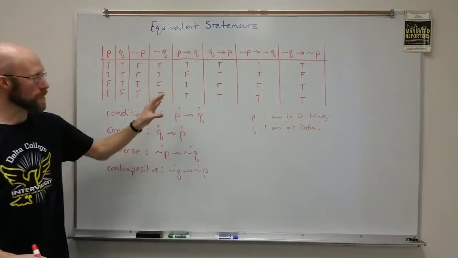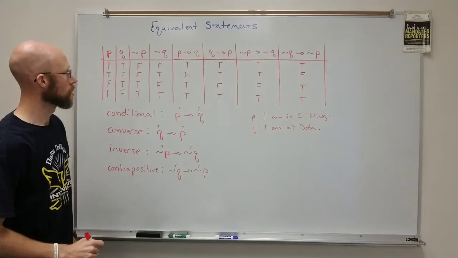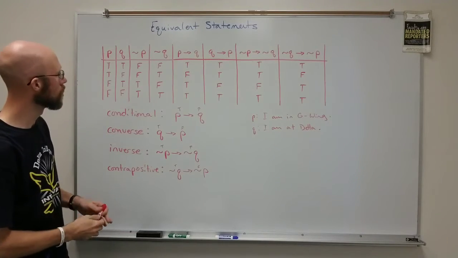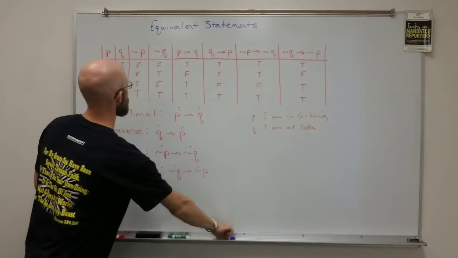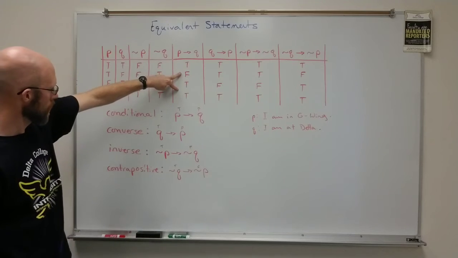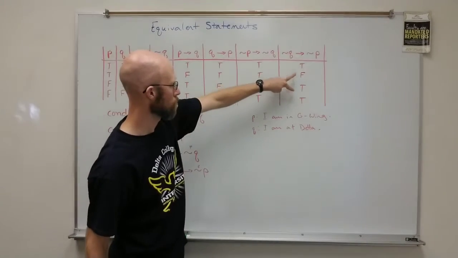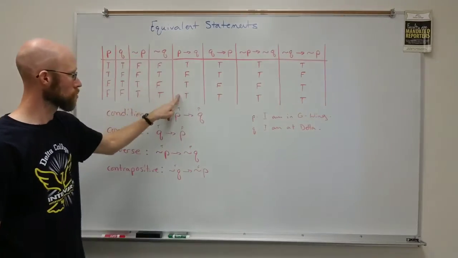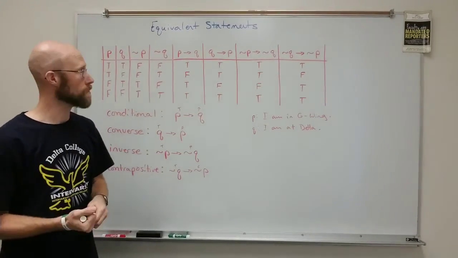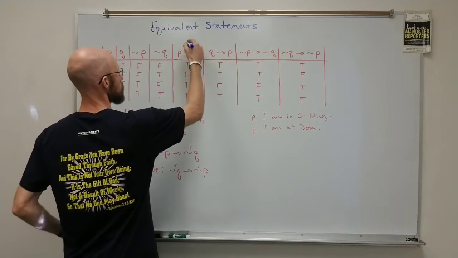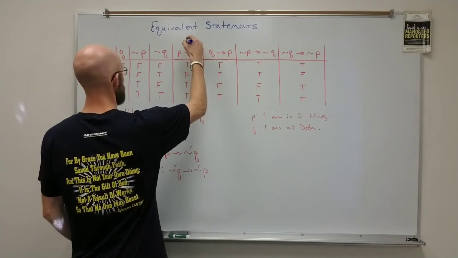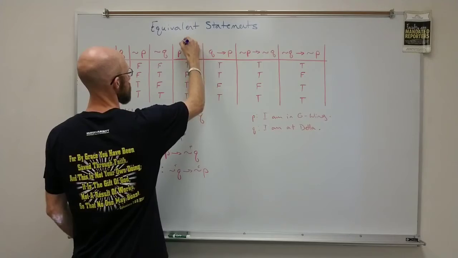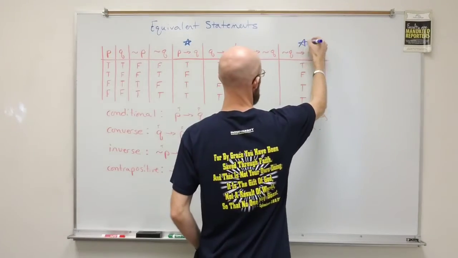Now, as I look at these columns here, notice that the conditional statement and the contrapositive are the same, right? They have the same truth values, making them equivalent, right? So I'm going to put a star right here and a star right here.